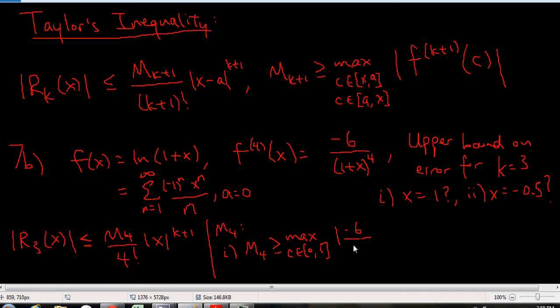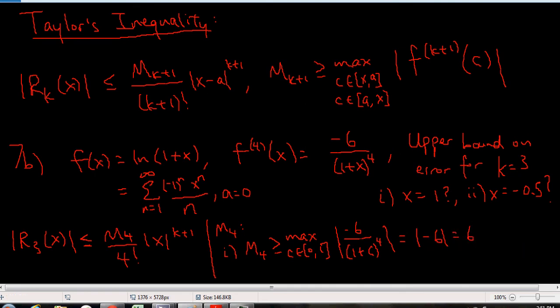K is 3, so I've got the fourth derivative in here in absolute value signs, evaluated at c. So we know that this is going to be biggest when the denominator is smallest. So the denominator is smallest on this interval for c equals 0, right? If I pick c equals 1, then it's going to be much bigger. So you would pick c to be 0. So this is equal to the absolute value of negative 6, and that's just 6.